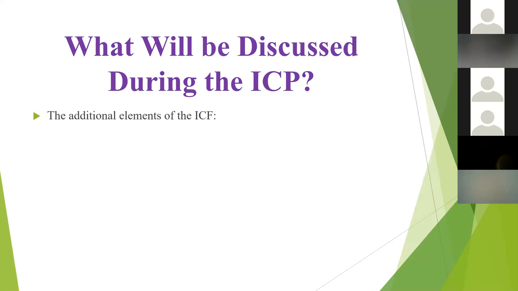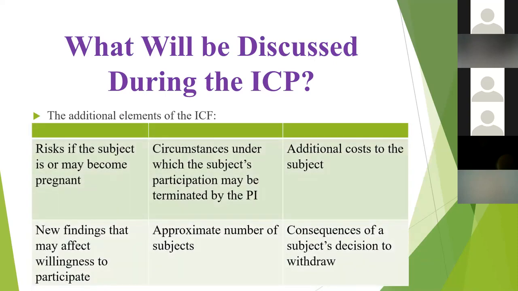So these are additional elements that can be added to your informed consent form. They're not mandated, but of course, if you need to discuss these sorts of issues, you need to include them in the informed consent form. Here at UT, our consent form templates that all investigators use actually contain all of the essential and the optional elements of the informed consent.